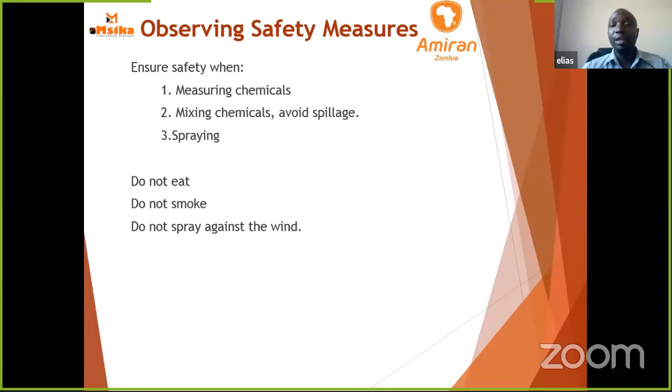Then spraying, it's very, very important that you also follow the wind direction, and avoid spraying when there's too much wind. When there's moderate wind, you still need to go with the wind direction. So if I'm spraying from the east going to the west, I should maintain that.